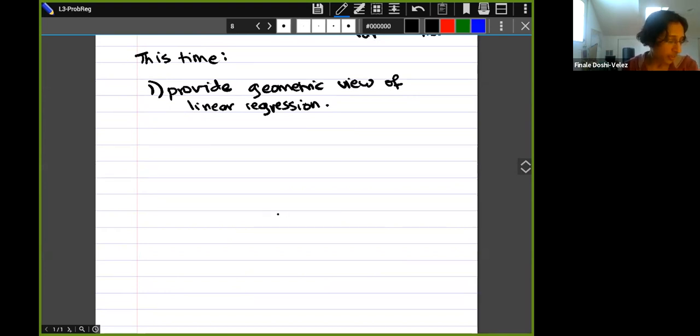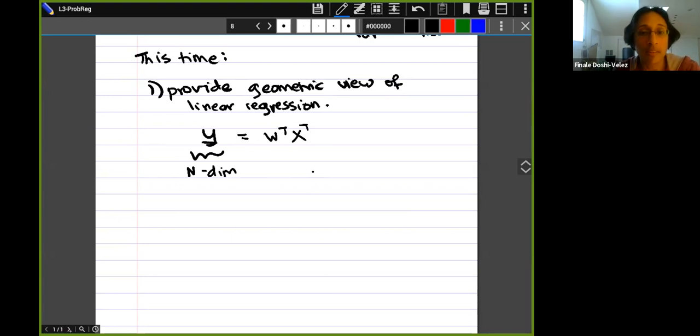In this view, we say that we have this vector y, an n-dimensional vector, and it's equal to weights transpose times X transpose. So we have dimensions matching up with weights. When we multiply these together, this is going to be d-dimensional, right? And this is going to end up being something that's d by n dimensional, right?